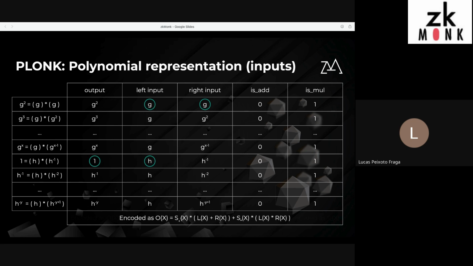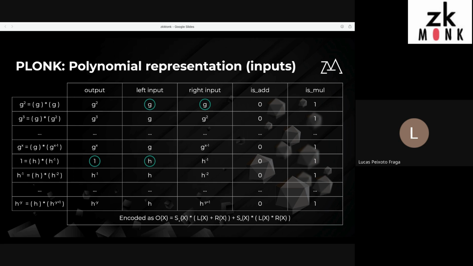These input constraints let us verify that certain variables will have values that were input to the protocol. And we do this for these variables because these two first variables should be equal to the first generator, and the last variable should be equal to the second generator, and the third variable should be equal to the constant one.